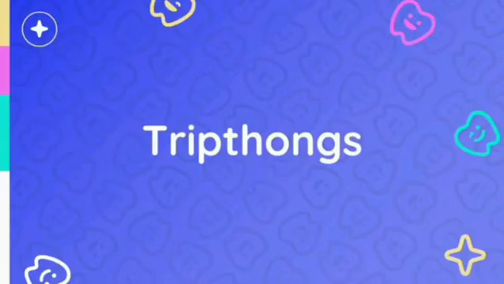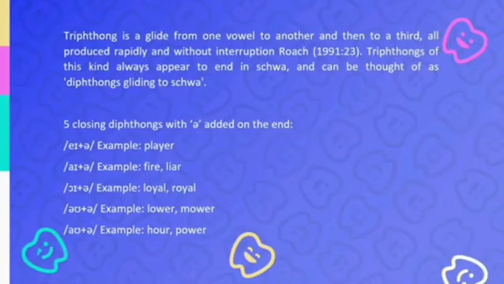Triphthongs. A triphthong is a glide from one vowel to another and then to a third, all produced rapidly and without interruption. Triphthongs of this kind always appear to end in schwa and can be thought of as diphthongs leading to schwa. Here are some examples.